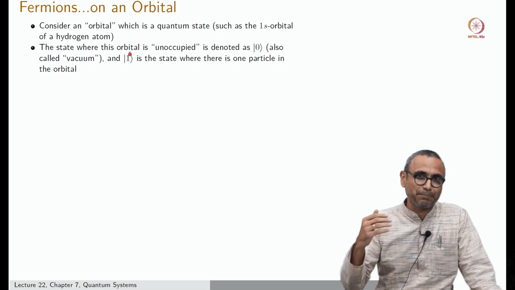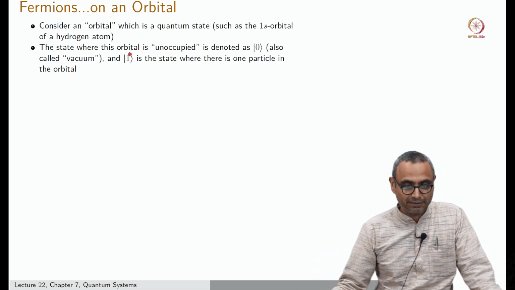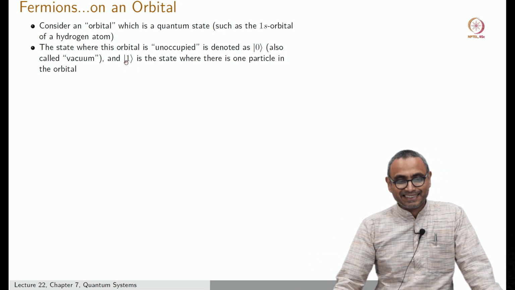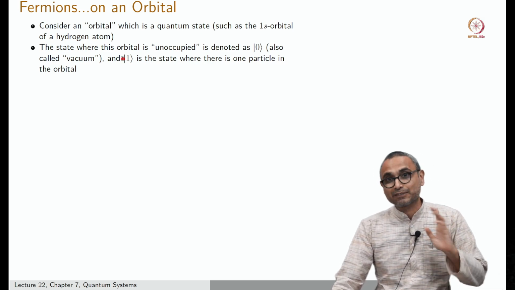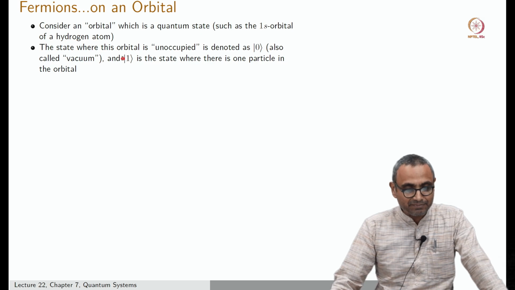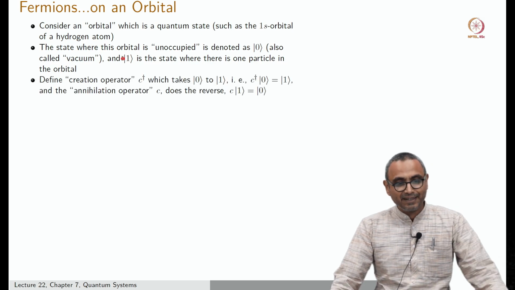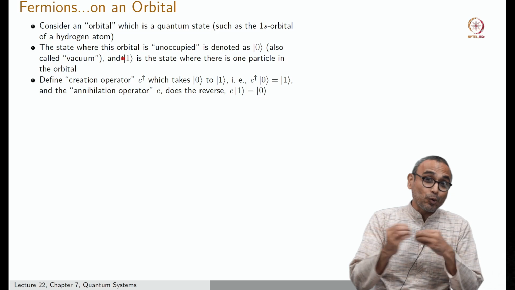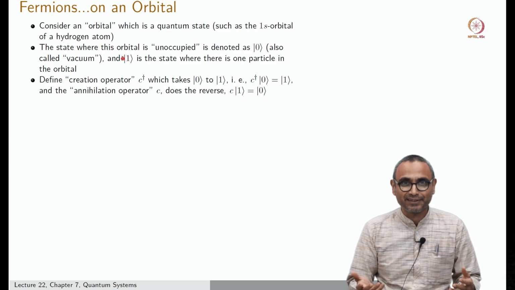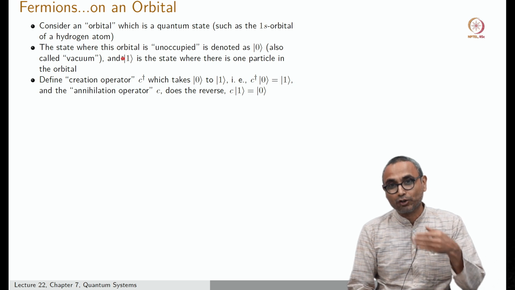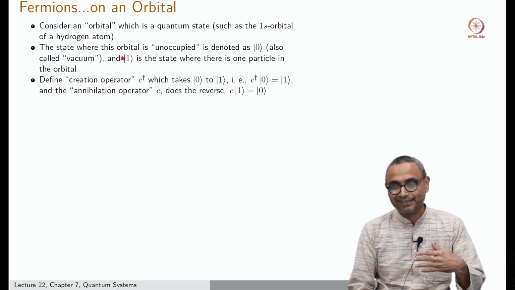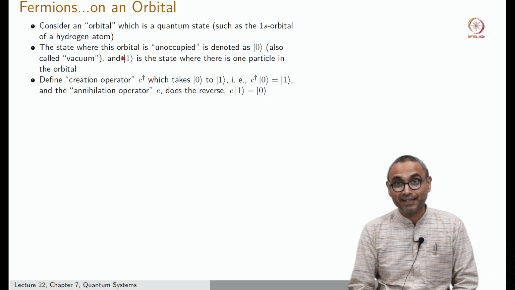There is a particle, quote unquote, sitting there. And this is the state which we denote by 1. That means the number of particles in that state is 1. So I have two states in this fermion Hilbert space, if you wish. There is a state where the orbital is unoccupied, and there is a state where the orbital is occupied.